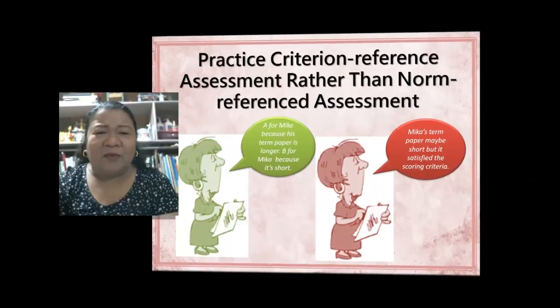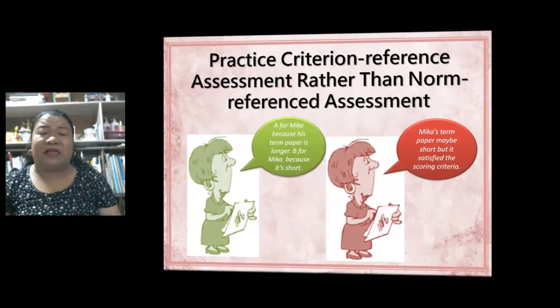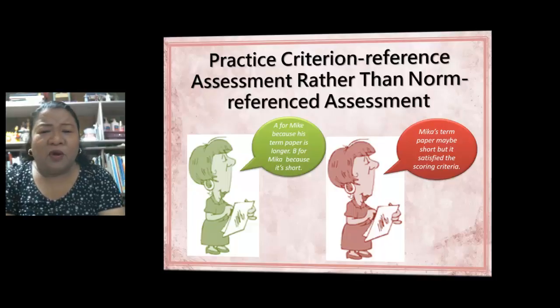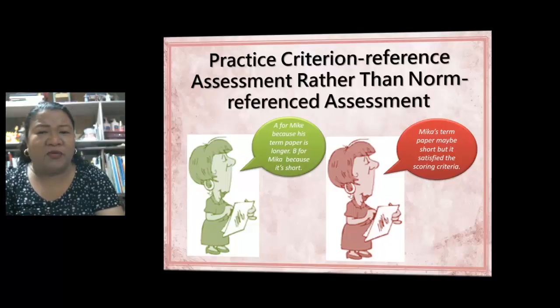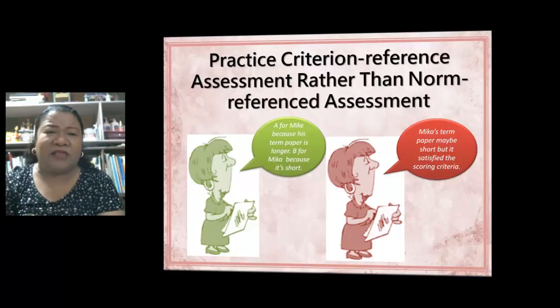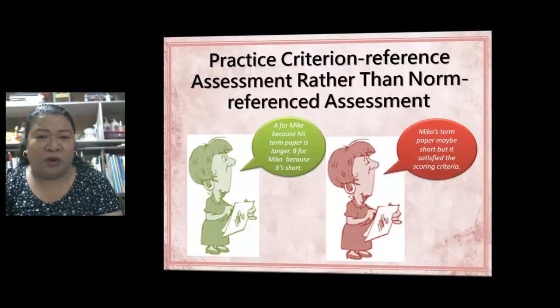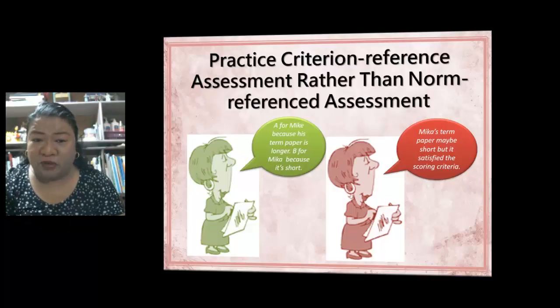Next is practice criterion reference assessment rather than norm reference assessment. When you say criterion reference, you really have a set of standards, a set of criteria to assess the work of your students.